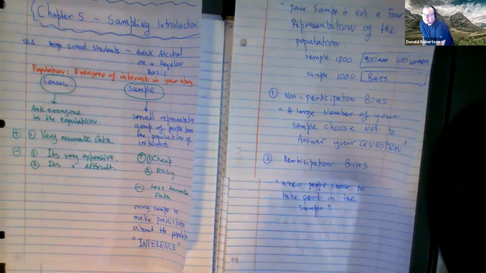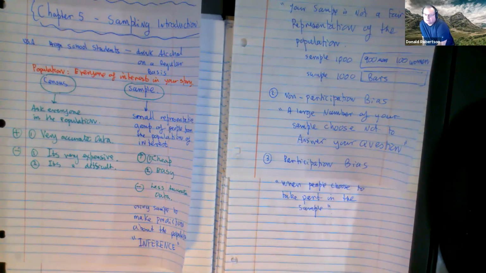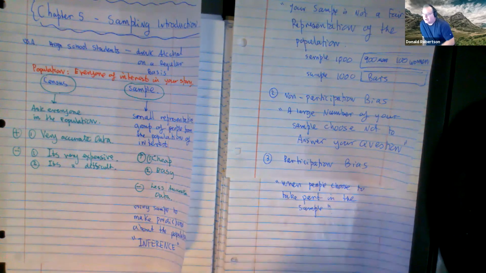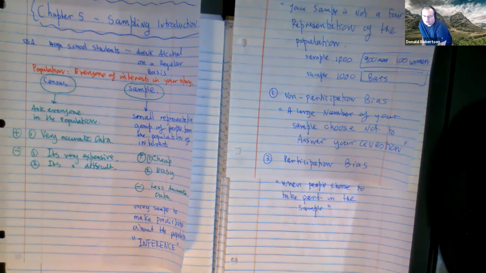Can you imagine a guy on a radio station says, phone this number if you're in favor of abortion, and phone this other number if you're against abortion, right? So you're on the radio listening to the show, and the guy tells you, phone 123-456 if you're in favor of abortion, 123-457 if you're against abortion. Ever been in the radio when they do things like that? That is an example of participation bias.